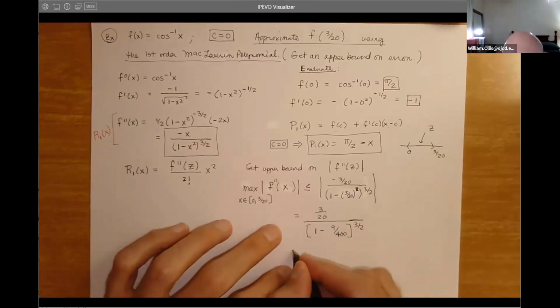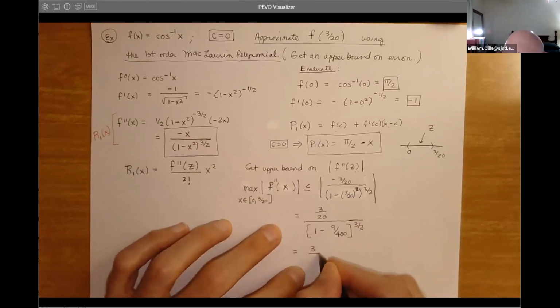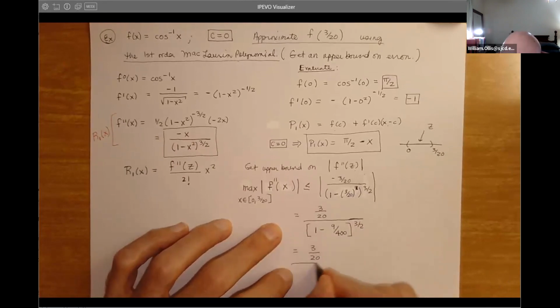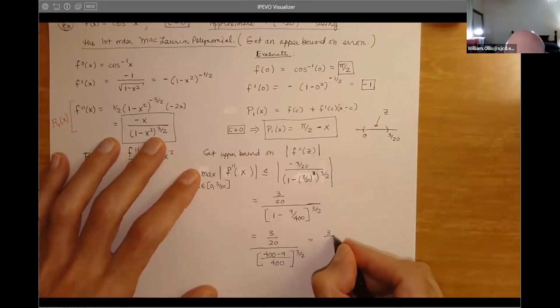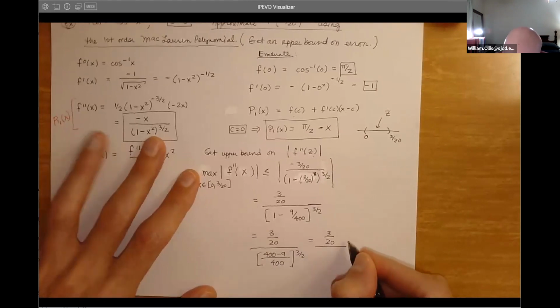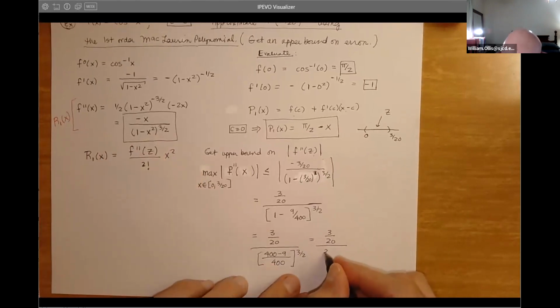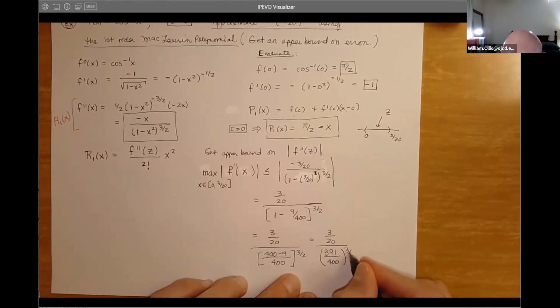So of course, it's all self-correcting as you use a very basic common sense approach. And then now we get a common denominator, so we get 3/20. So here we've got what, 400. So this will just be 400 minus 9 to the 3/2. So this will give us 3/20, and then I'll invert this, but that'll just be 391 over 400 to the 3/2.